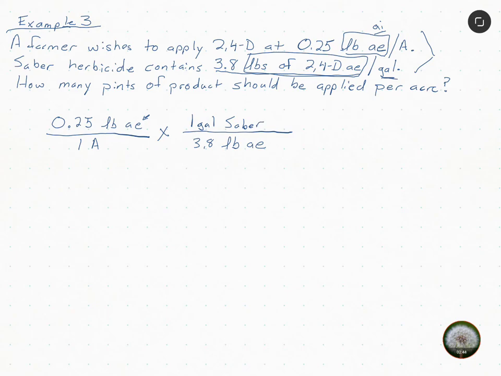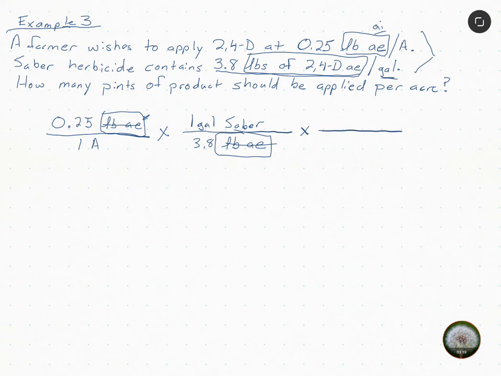So again, what that allows us to do is to take pounds of acid equivalent, which are now 1 in the numerator and 1 in the denominator, which allows us to cancel those units out. So what we're left with is gallons of Saber per acre. Now that's not what we want. The question is asking how many pints of product should be applied per acre. And we can do that by adding one more step to do the unit conversion from gallons to pints.